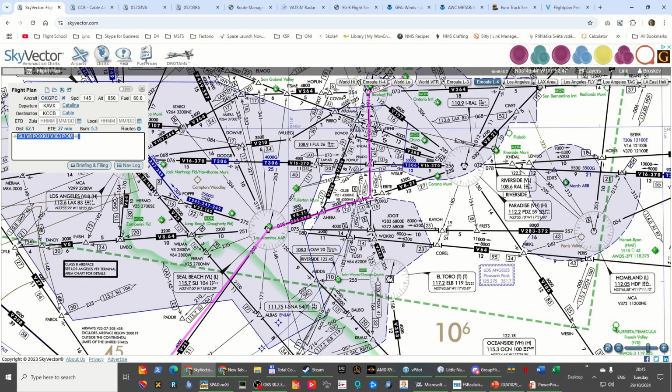Minimum crossing altitude on Victor 21 Northeast is 4,300. Okay. So you need to cross it at 4,300 if you go this way, but still you have just 2 miles, and in 2 miles you don't need to be at 5,300. Right? So all the protection will still be there. Yeah, but that's true.